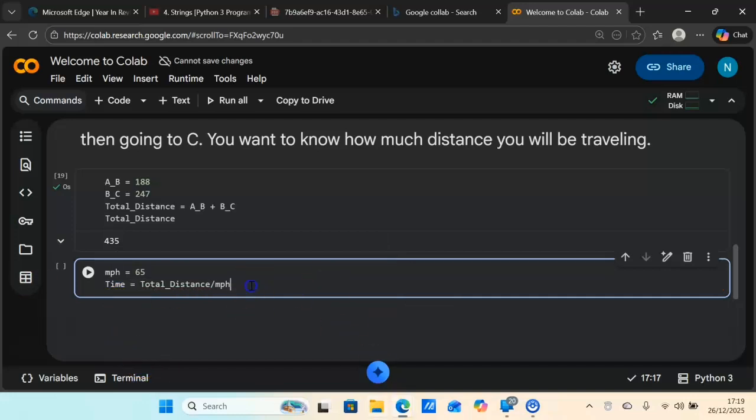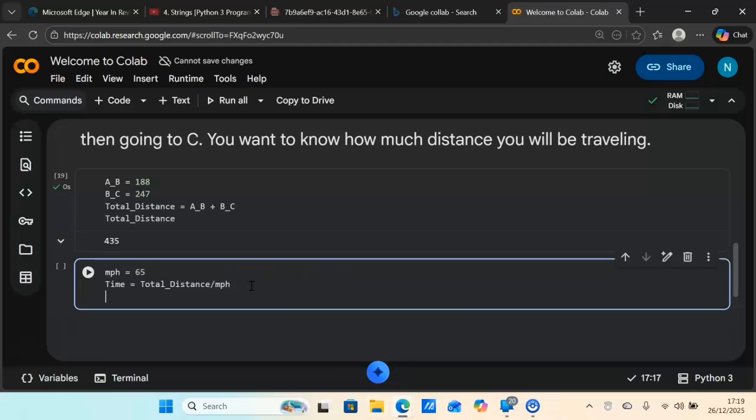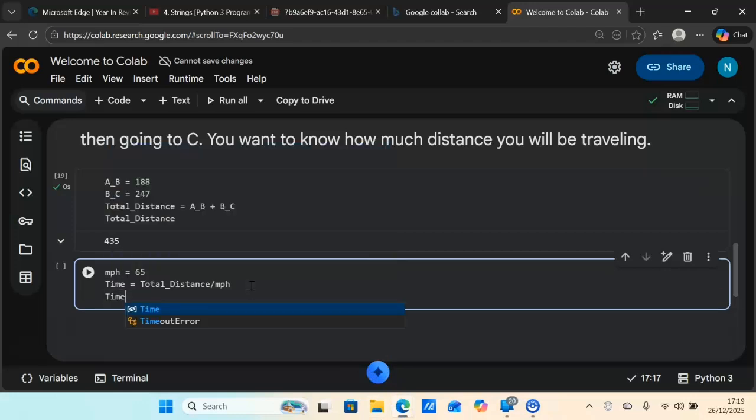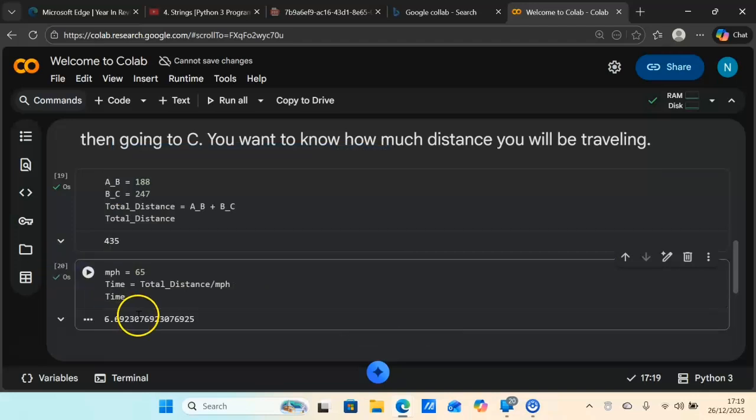So this we're going to have time. Do this. So you're going to have 6 point something, and so on and so forth.